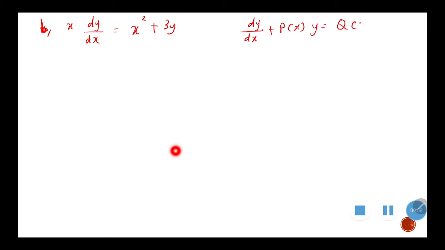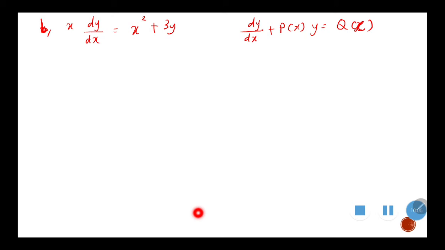So this is 5b: x dy/dx equal to x squared plus 3y. Remember the standard method is like this: dy/dx plus P(x)y equal to Q(x). Is this form the same as that?